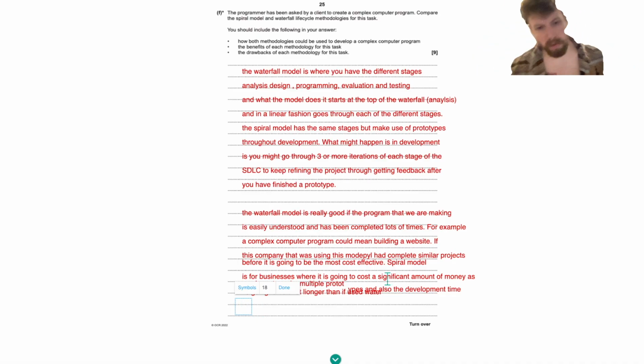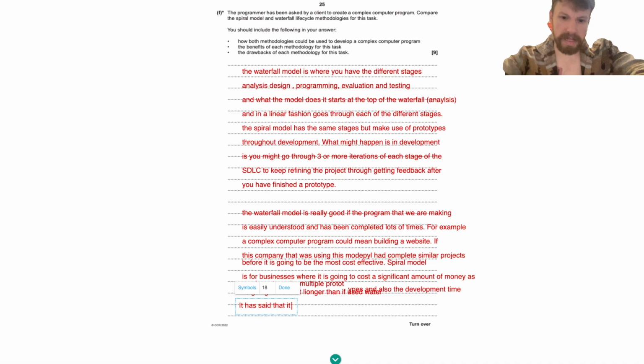If I'm honest, I'd probably go for another advantage and disadvantage. So I'd go for an advantage of a spiral. It has said that it is a complex problem, though.